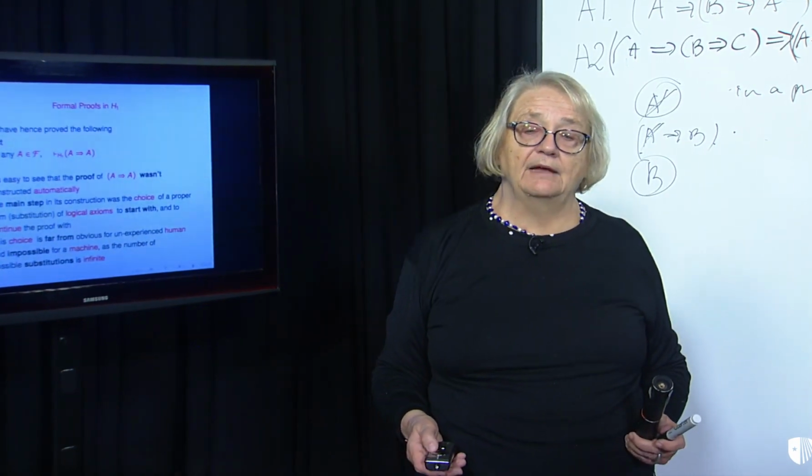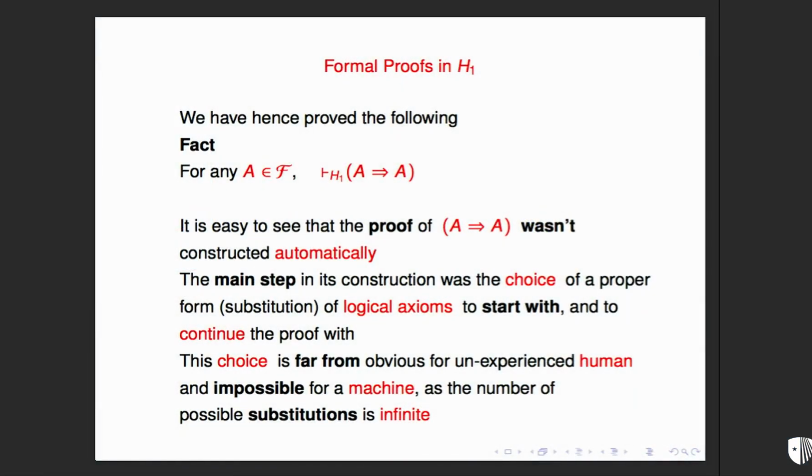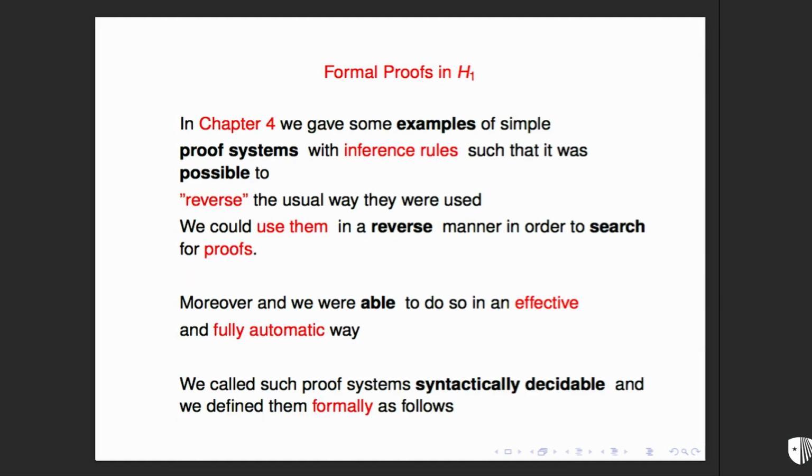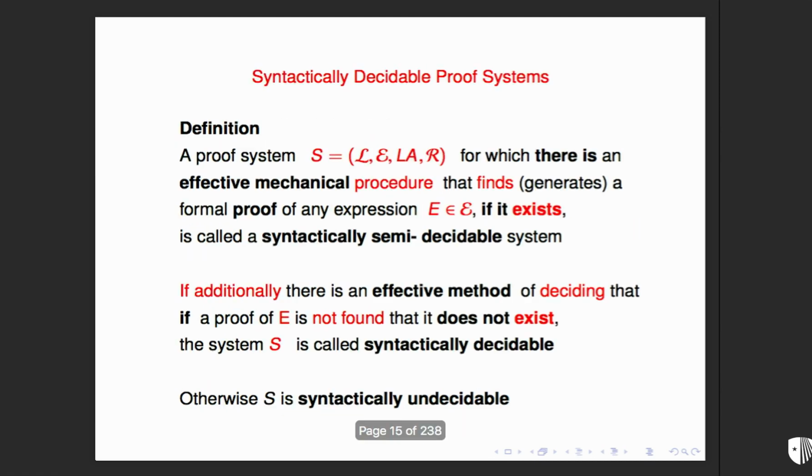And of course, we have the fact that we proved A implies A. And it's not that obvious how you do it, not to mention that we talk about a syntactically decidable system, a system where the inverse rules could be reversed. That proof, it's just impossible to automatically reverse.